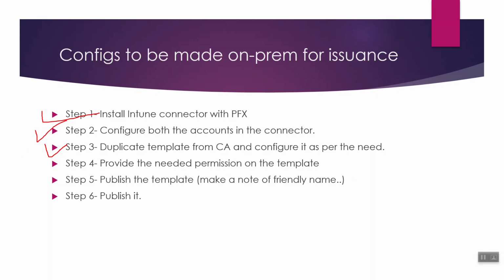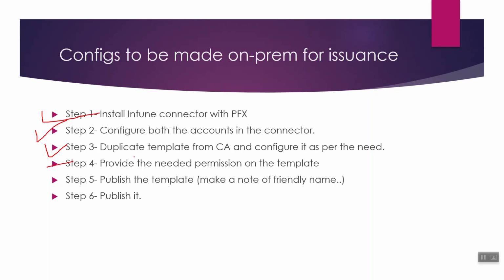And as I said, the Intune service connector is going to the CA and requesting a certificate. When it does that, there is an account which is used. That account needs to have access to the template which is going to issue the certificate. So we will see about that. That permission is one thing which we need to keep in mind.